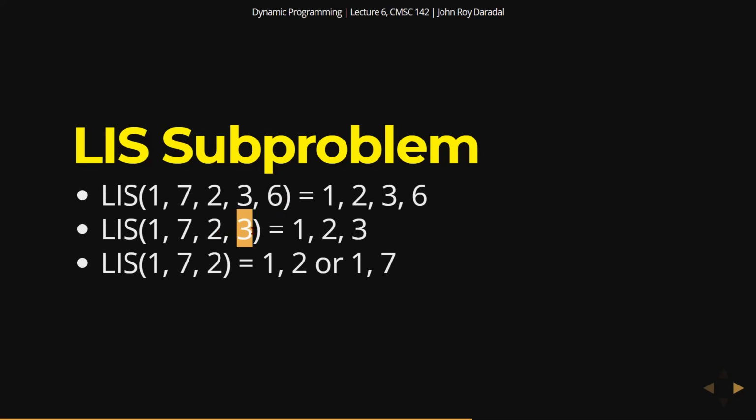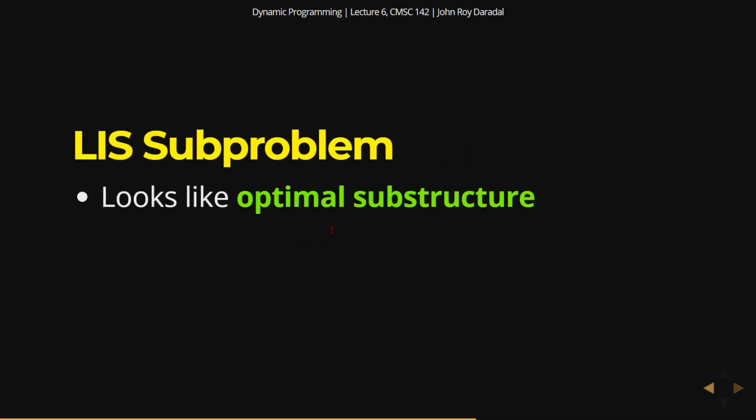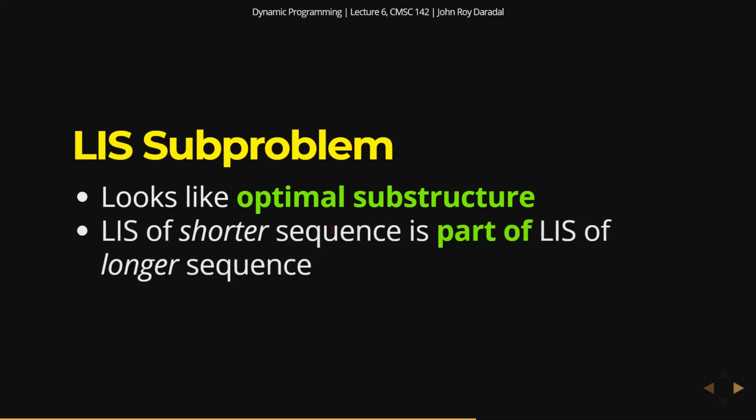And then when we drop 3, the solution for the smaller subproblem 172, which is 1, 2, was also contained in the solution to the previous bigger subproblem. So that looks like optimal substructure, right? The solution of the smaller problems contribute to the solution of the bigger problems. So the LIS of the shorter sequence is part of the LIS of the longer sequence.